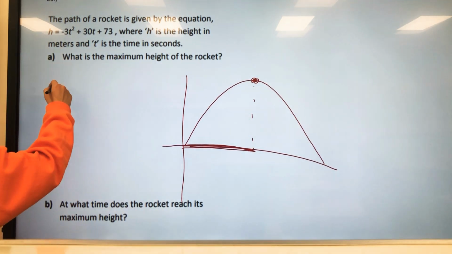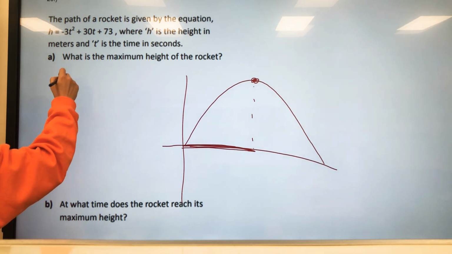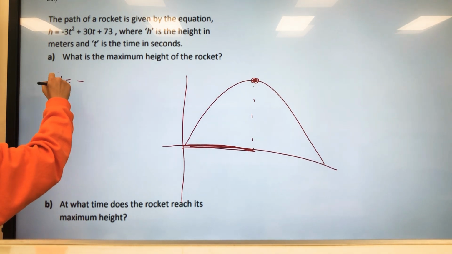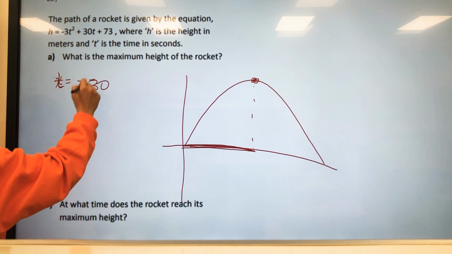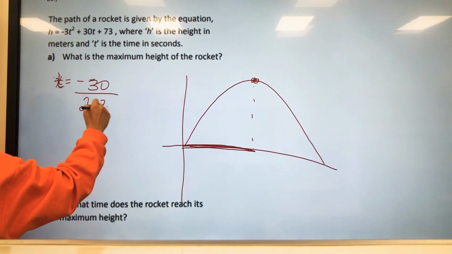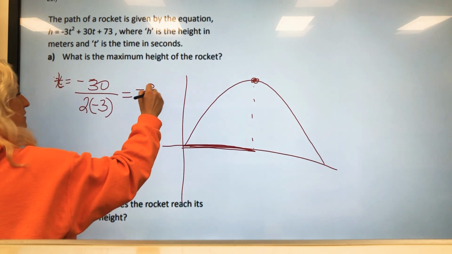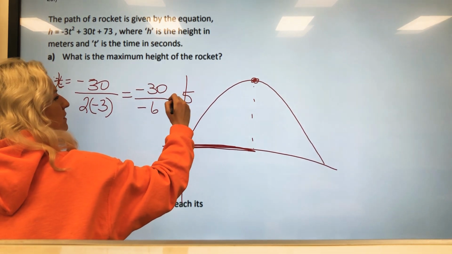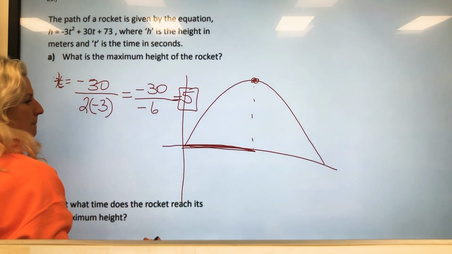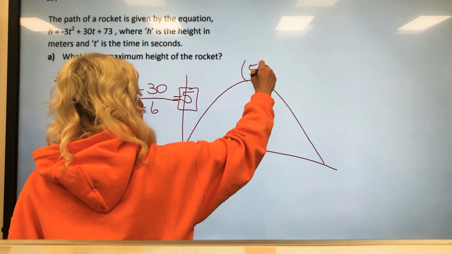So let's do it. Your t coordinate is going to be negative b over 2 times a, right? So that's negative 30 over negative 6, which is a positive 5. So this is going to be 5 something.